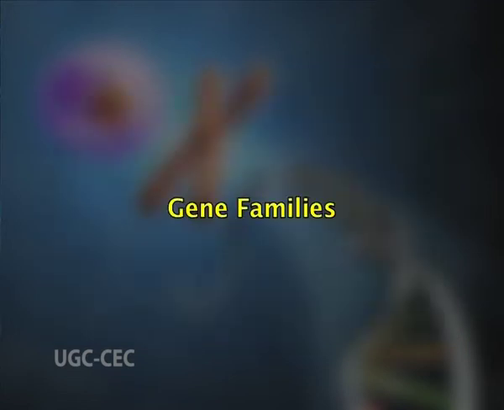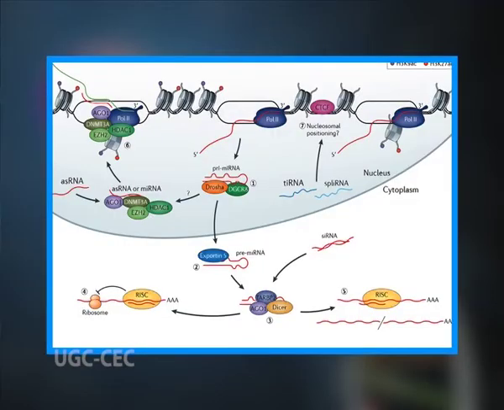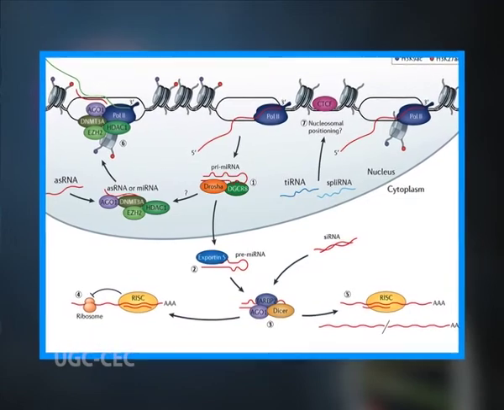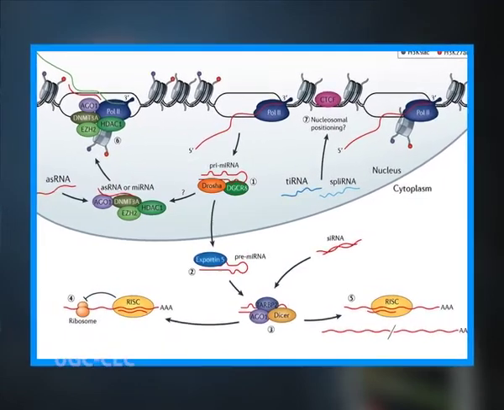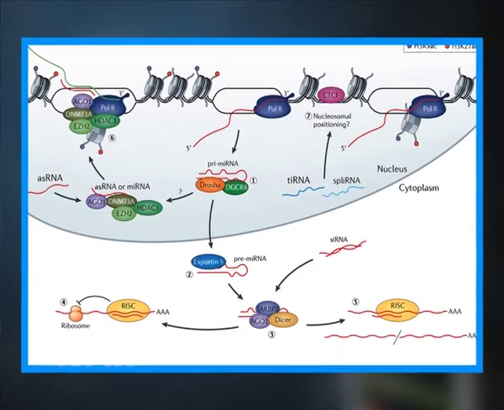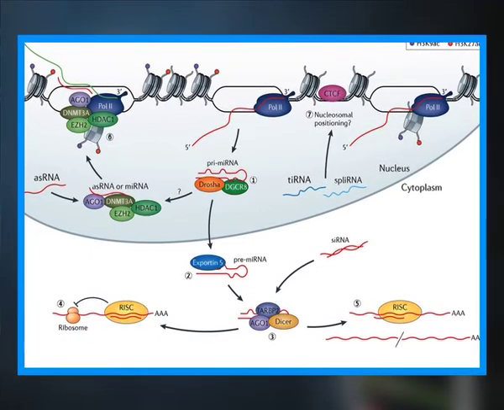Now we'll talk about gene families. The different classes of human gene families can be recognized on the basis of the degree of sequence and structural similarity of their protein products. Genes operating in the same functional pathways but producing proteins with little sequence similarity are distantly related in evolution, and they are dispersed in different locations on the chromosomes.